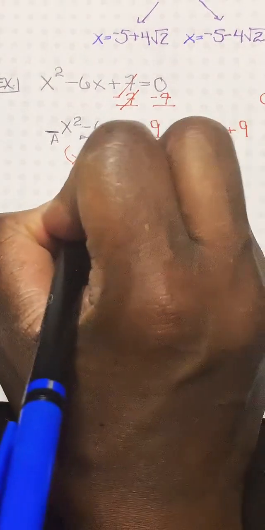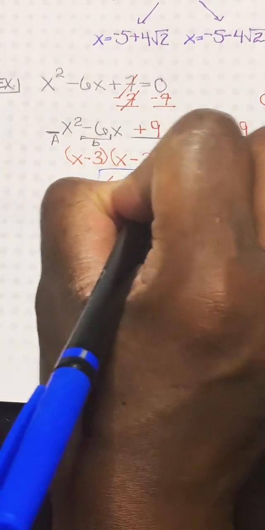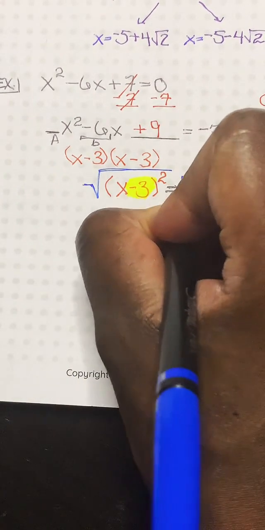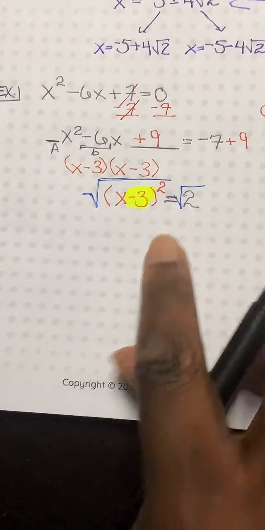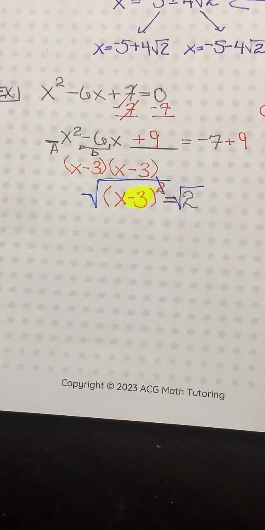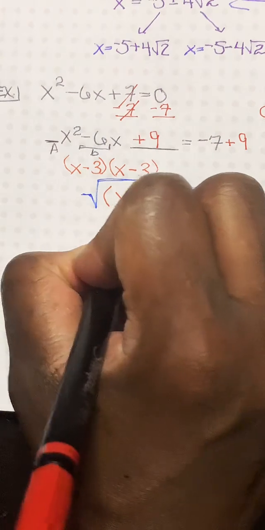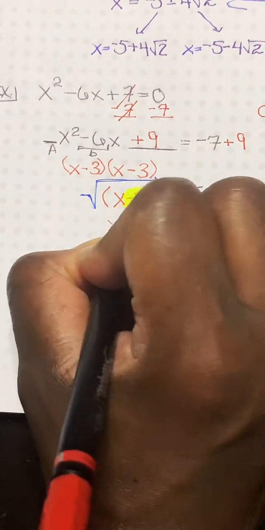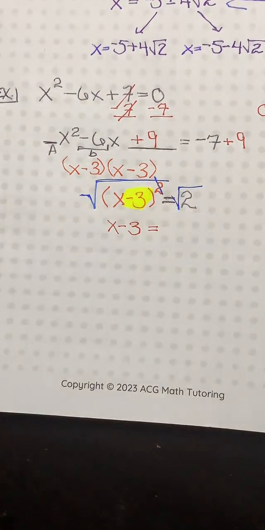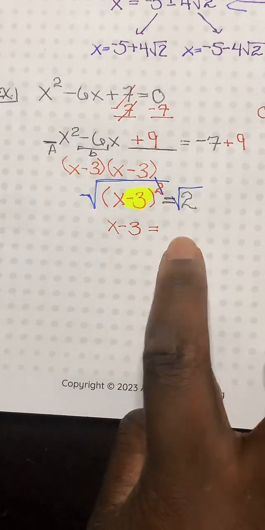All right, so once we take the square root, whatever you do on one side, you have to do on the other side. So your square and the square roots will cancel each other out because they're inverses of each other. So now what's left is my x minus 3 equals, what is it going to equal?